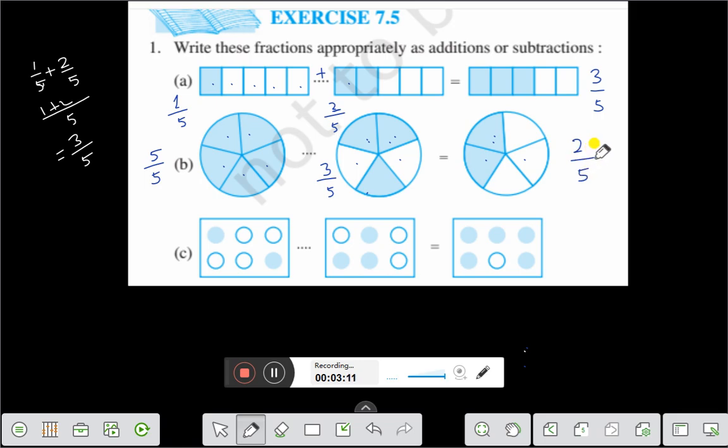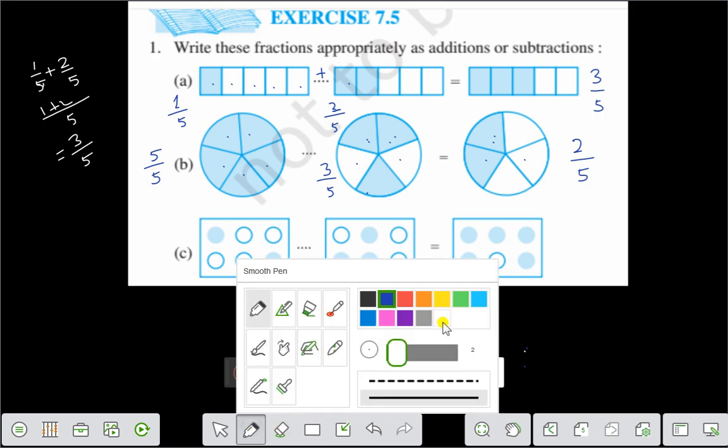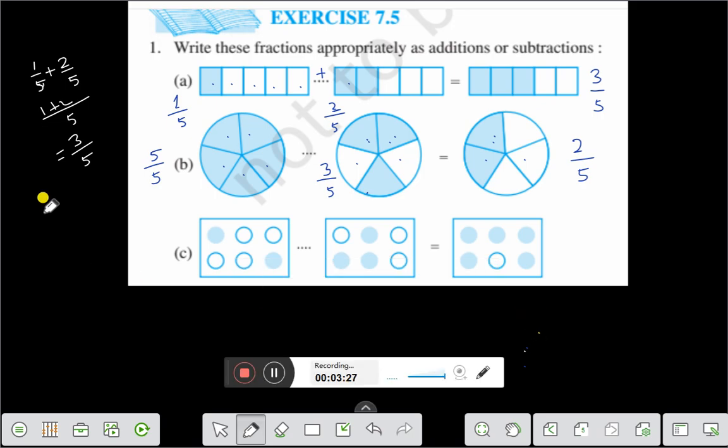Here you see the denominator is the same. Therefore, 5 minus 3 is 2, so you can subtract it. Here we are subtracting 5 by 5 minus 3 by 5.